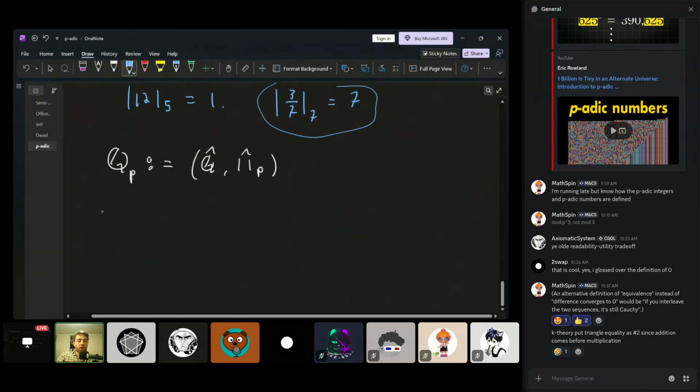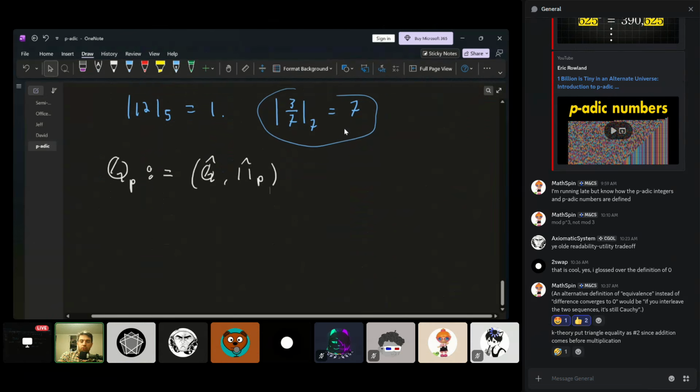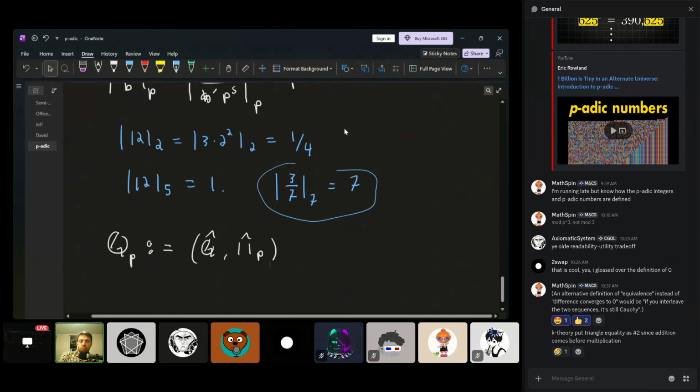And here is my now favorite. Sorry? So this is because now the big powers of the primes are considered very small, so adding them doesn't change the norm very much. Actually, it doesn't change it at all. Sorry, I'm not sure what you mean.